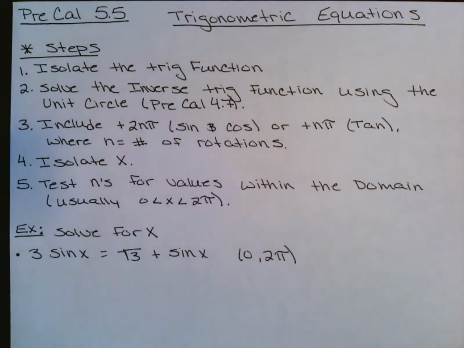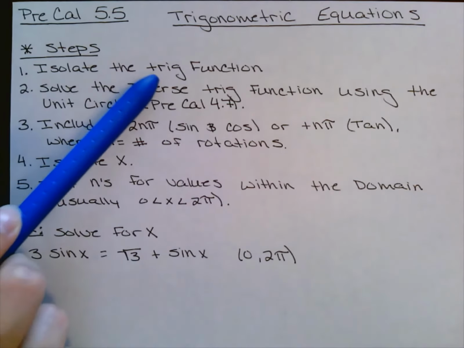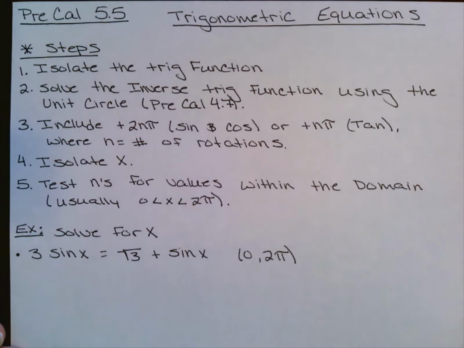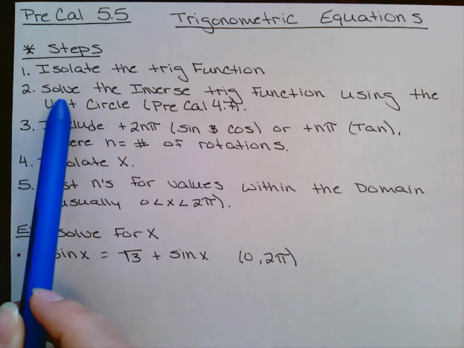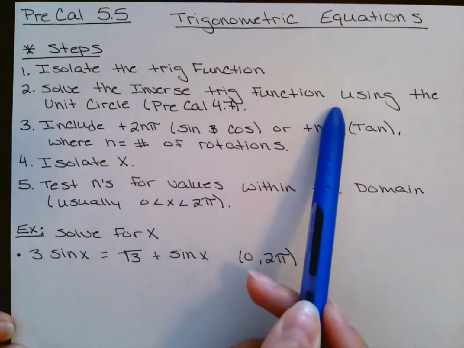In order to succeed in this section, you have to make sure that you have watched and understood 4.7 from pre-cal. Okay? So when I give you these equations, step one is going to be to isolate the trig function. Once the trig function is isolated, I'm going to use what I learned in 4.7 from pre-cal and do the inverse trig function.